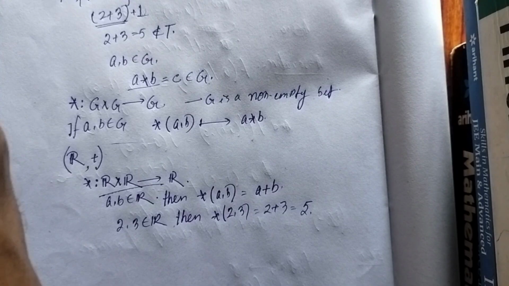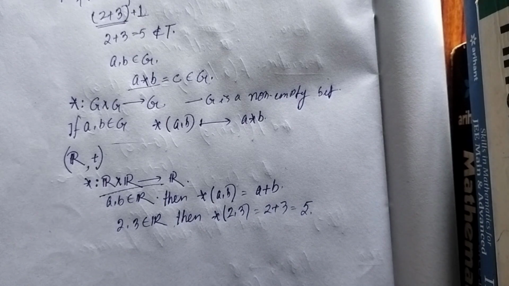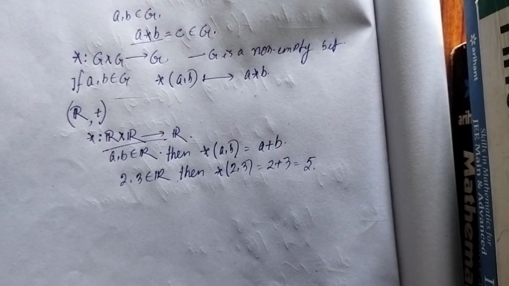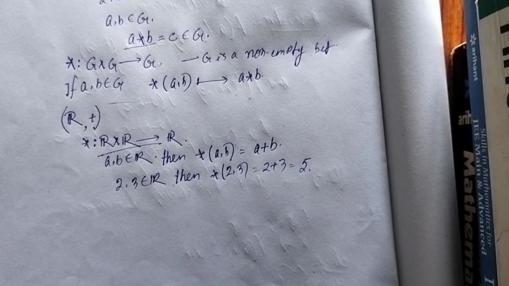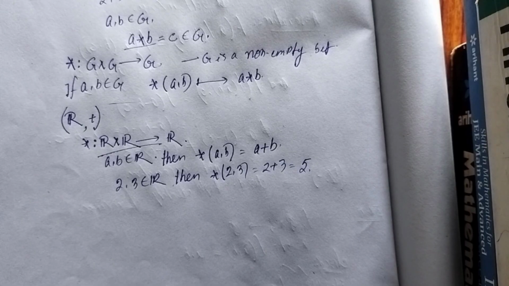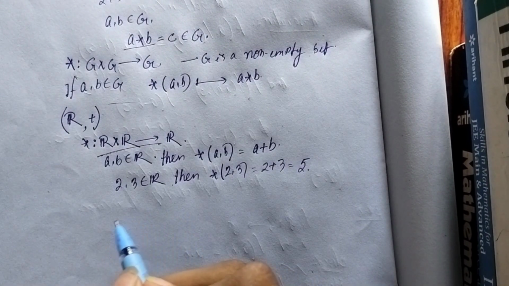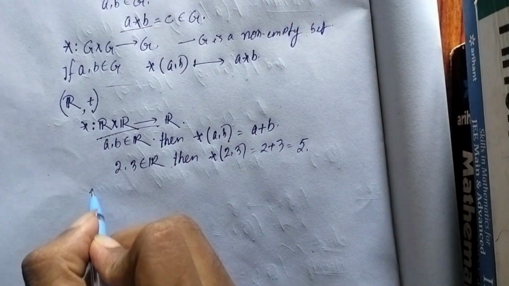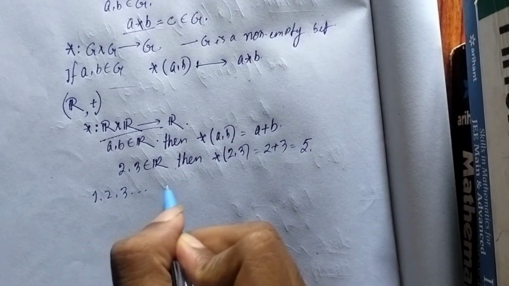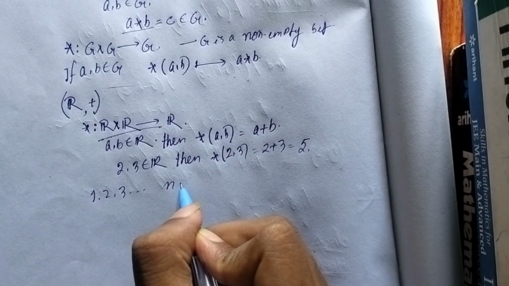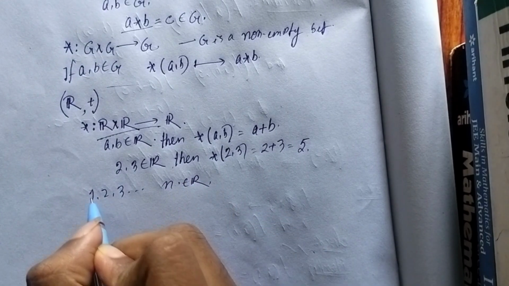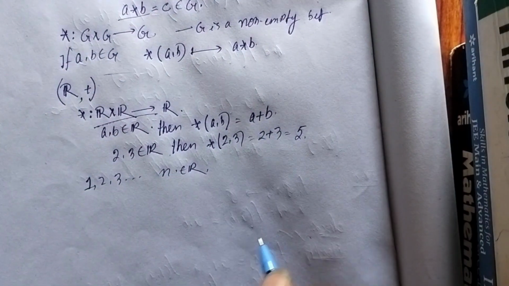then after the operation we will end up within this system. One thing that closure assures is that if we want to apply the operation a certain number of times, let's say we want to add 1, 2, 3, up to n, where all the elements belong to R, we can just do it.